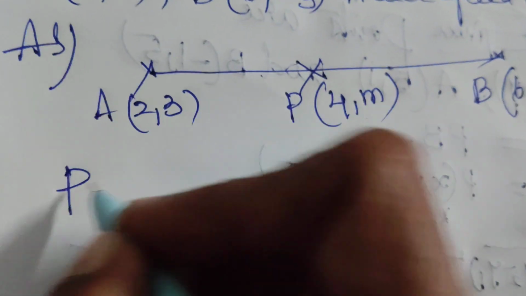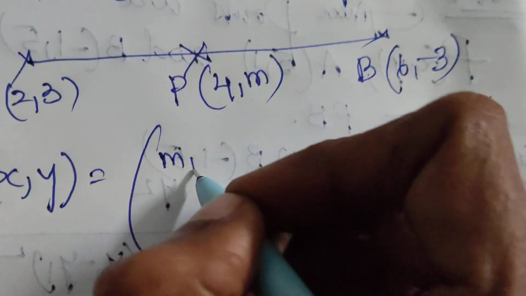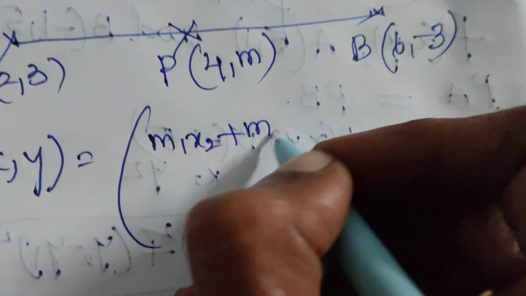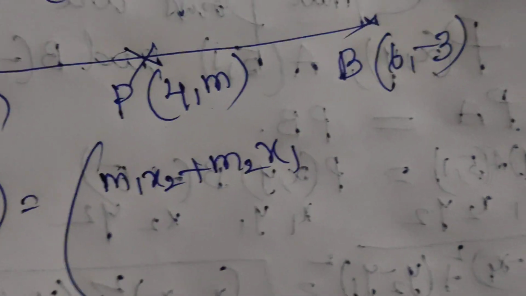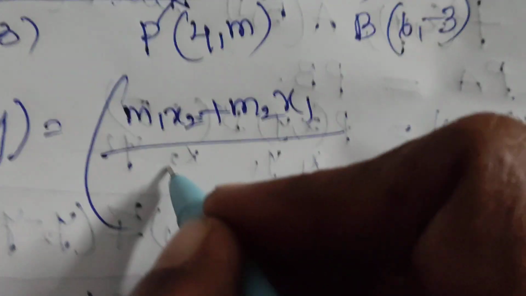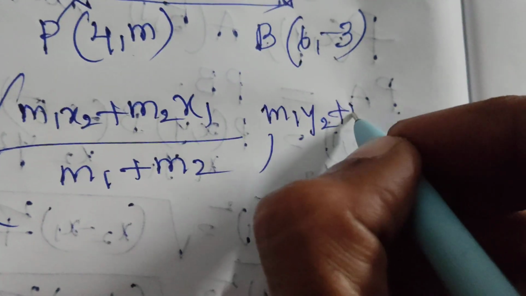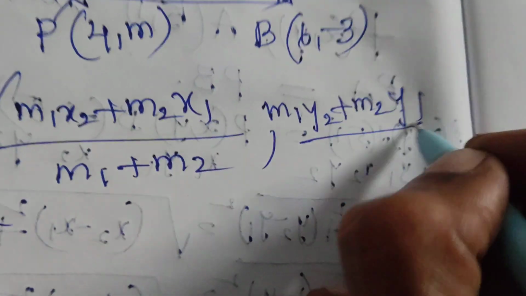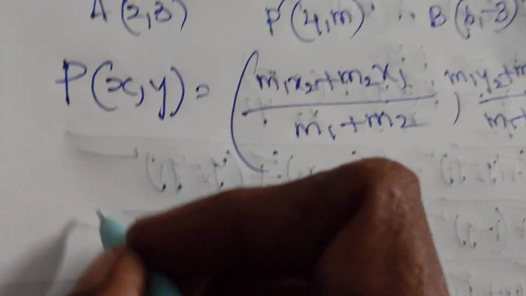Now, to find P(x, y), the formula is (m1 x2 + m2 x1) / (m1 + m2), comma, (m1 y2 + m2 y1) / (m1 + m2).